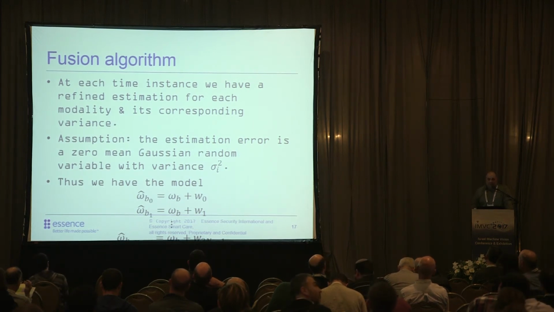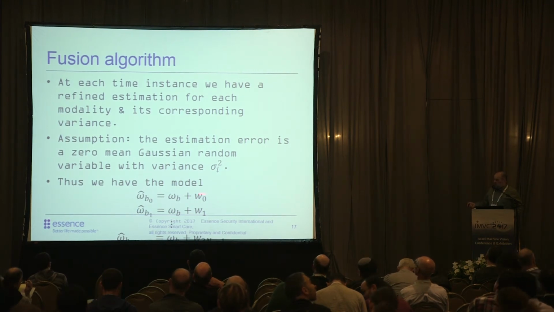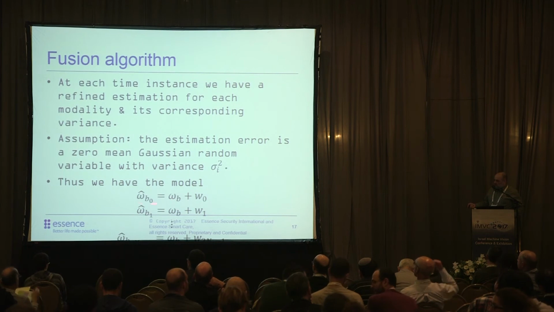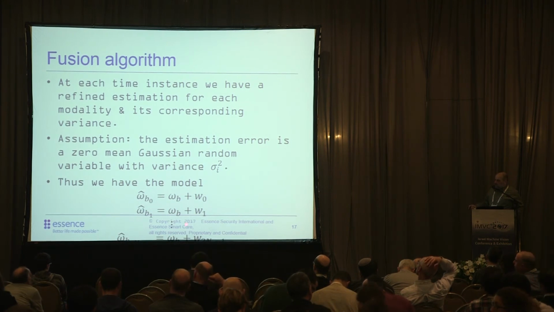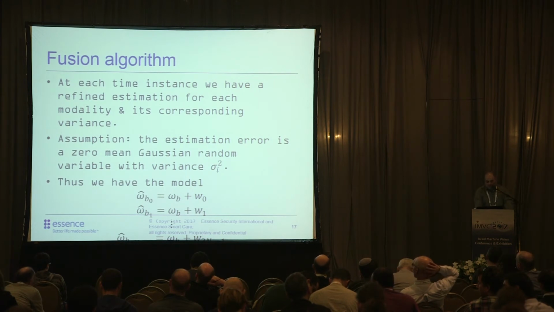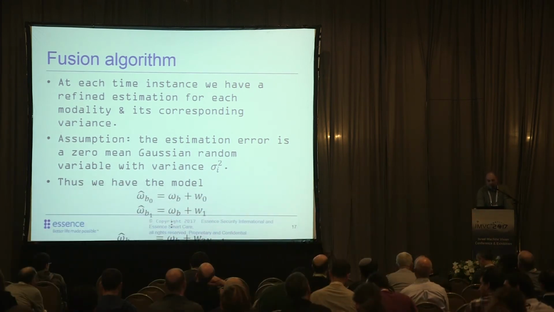Basically, we assume the following model. We have n measurements or estimators of the breathing frequency, and we assume that the true value of the breathing frequency is corrupted by noise. It can be non-stationary noise, which will be accounted for in the fusion algorithm.